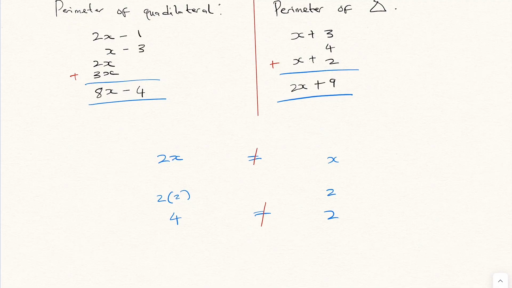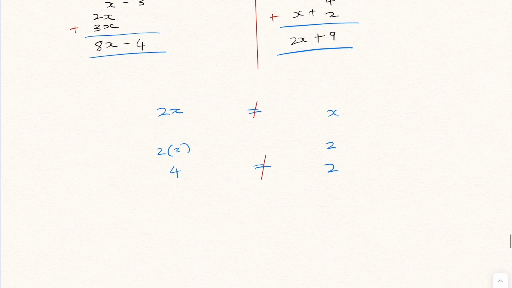So in order to make 4 equal to 2, we will have to multiply the right hand side by 2, which means we will have to make the triangle double its size before it is the same as the perimeter of the quadrilateral. So in this case, 4 will be equal to 2 times 2, which is 4. So 4 is actually equal to 4 here.